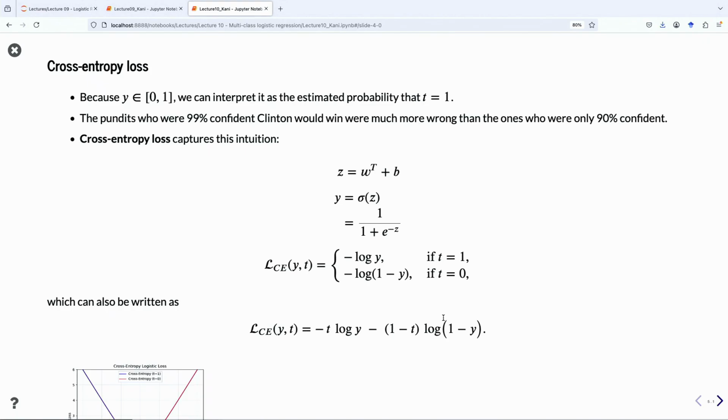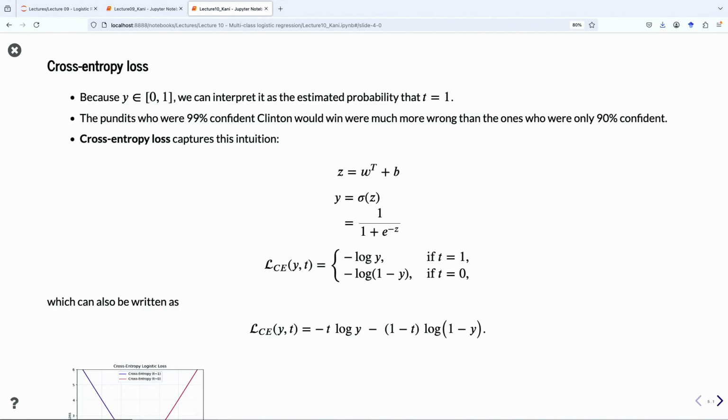But the major point is that a generalized form of the cross-entropy loss is simply negative t times log y, minus (1 minus t) times log of (1 minus y). Okay? That's the binary cross-entropy loss, the generalized form. This works for all sorts of different functions, but it's most commonly seen with sigmoidal functions because sigma actually does differentiate very well.